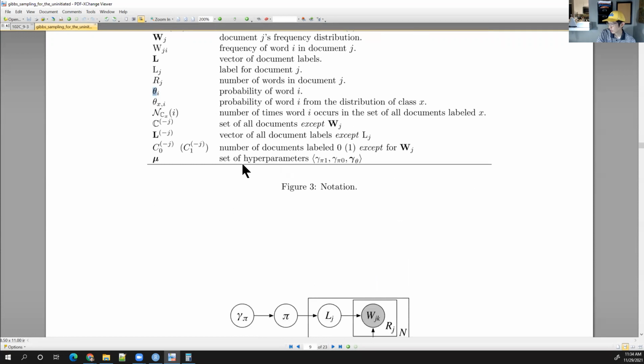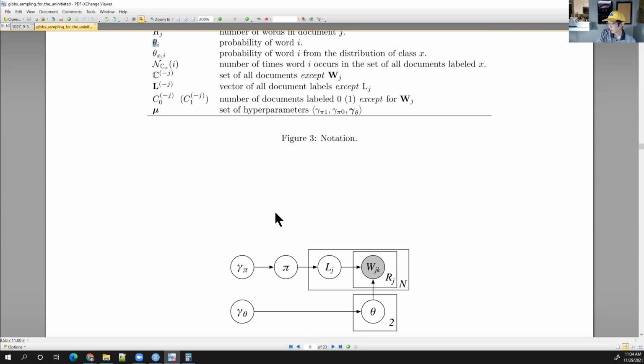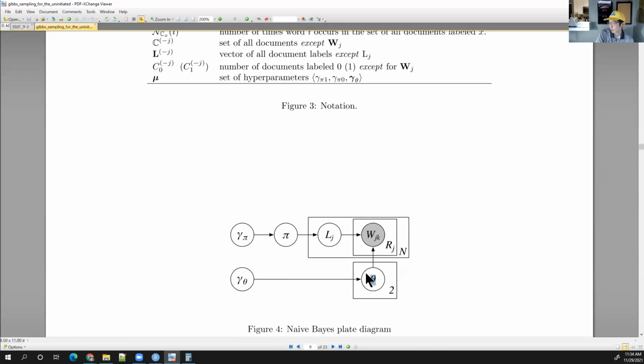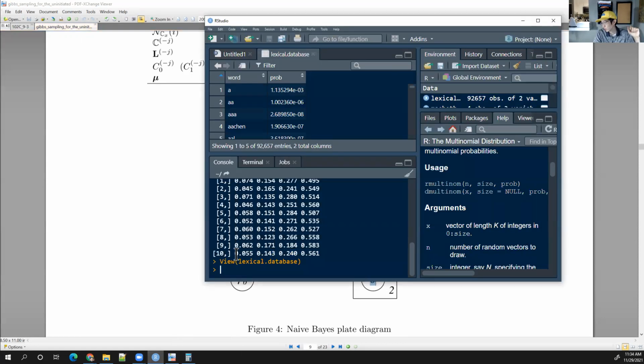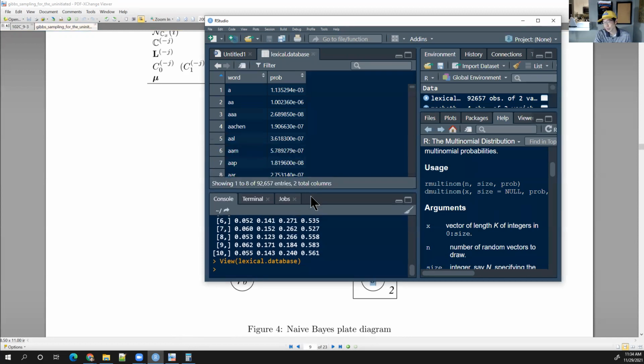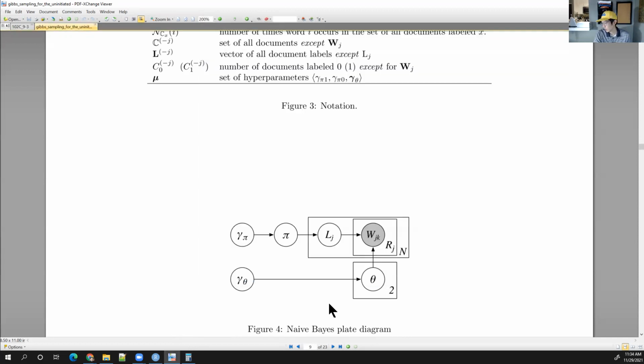Okay, we have a probability vector theta; we have two possible theta vectors. We have the theta, the vector of probabilities if it was about sports, and we have the vector of probabilities if it was about fruits.